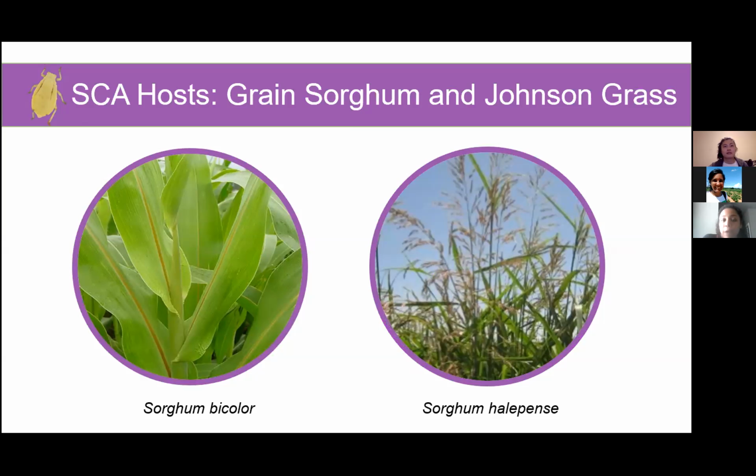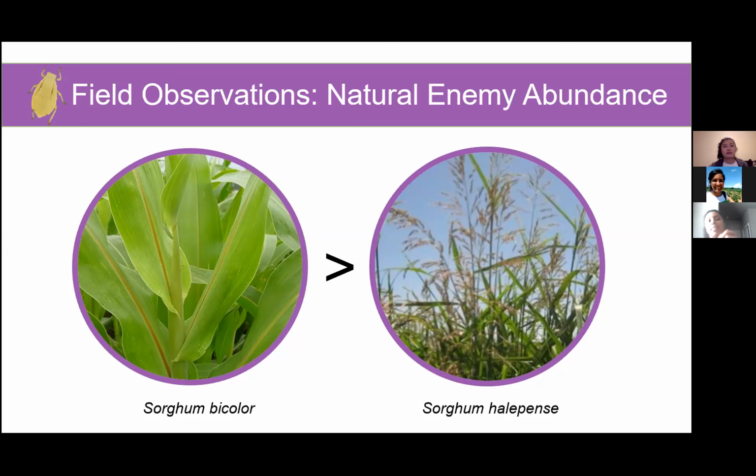And that's important to me because I have been researching at the Texas A&M farm for a couple of years now, and I've noticed that there are about the same number of aphids in both grain sorghum and Johnson grass. However, for some reason, the number of natural enemies, that again is the parasitoids and the predators, is a lot more abundant in grain sorghum than it is in Johnson grass.